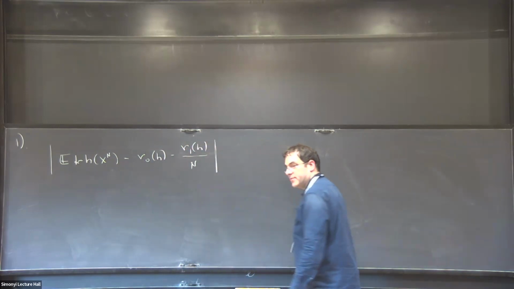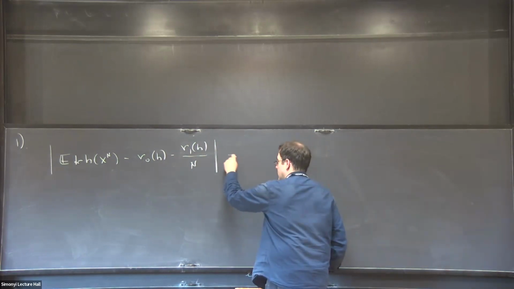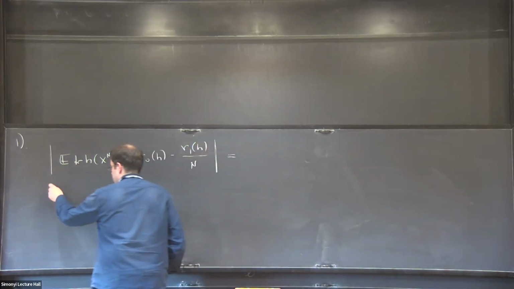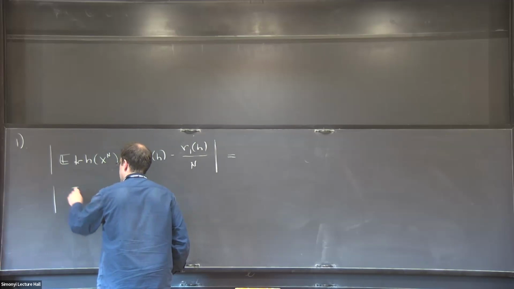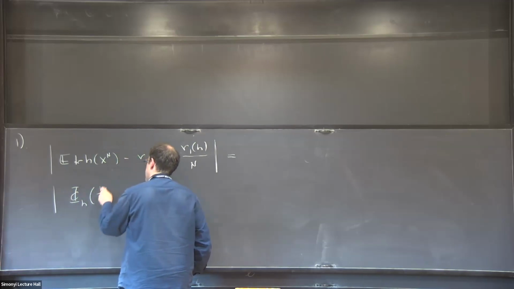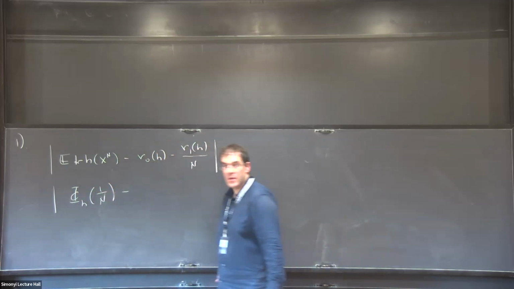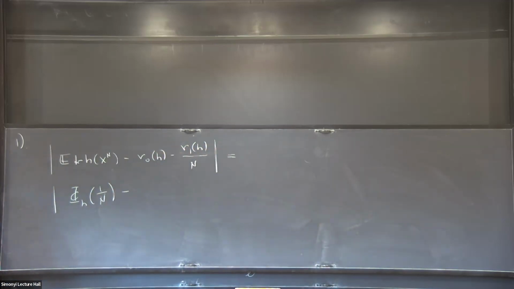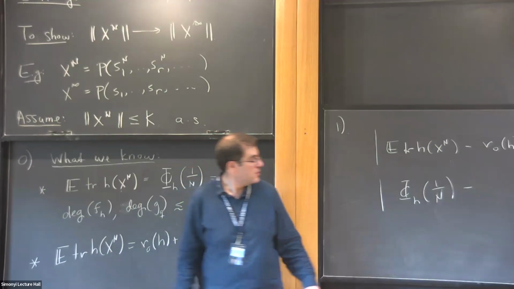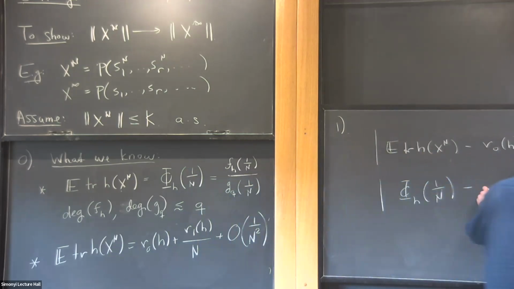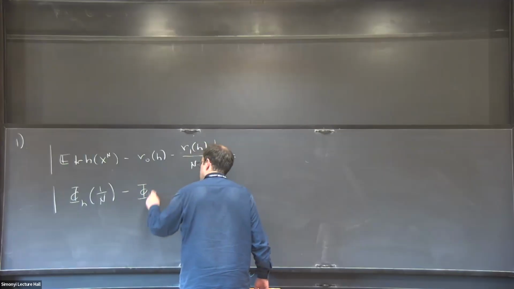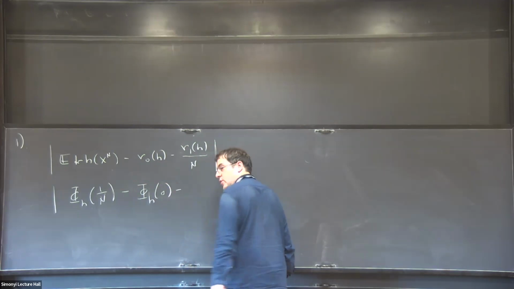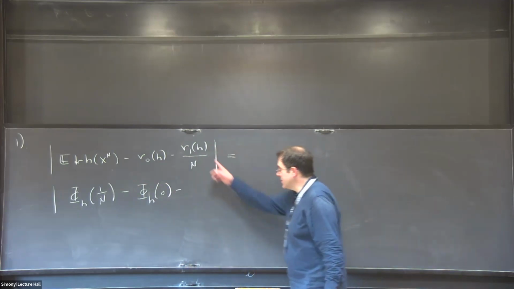So what is this quantity? Well, remember, this is just a rational function of 1 over n. What is mu0 of h? That's just the limit as n goes to infinity of this. If I let n go to infinity here, then just phi h is 0. What is this term?